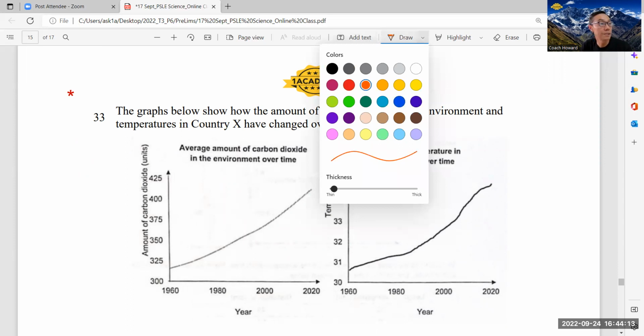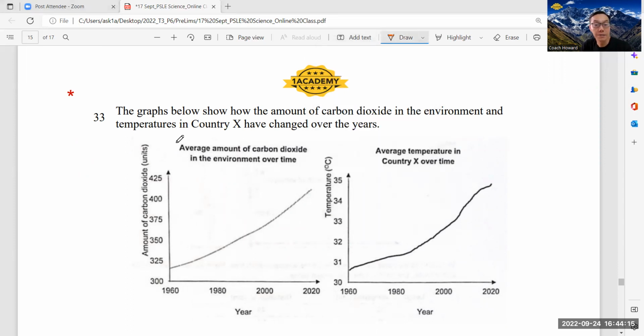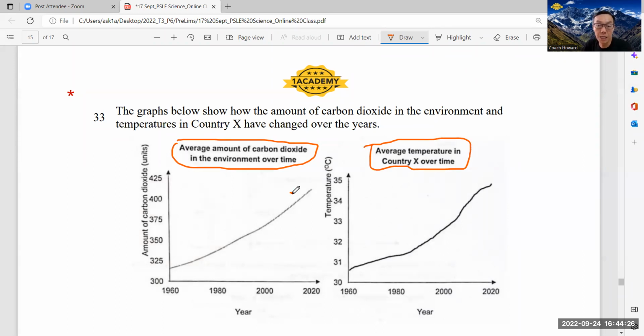This part, can you see? This is the average amount of carbon dioxide, and this is the average temperature in country X. So the pattern is almost similar, right? These 2 lines are kind of parallel to each other, but which affects which?